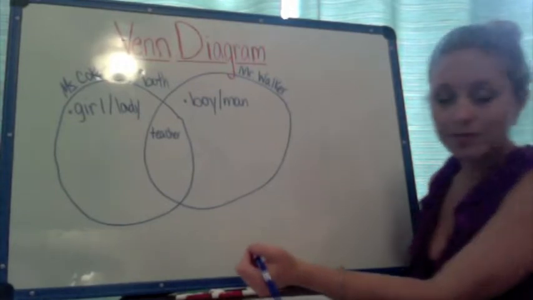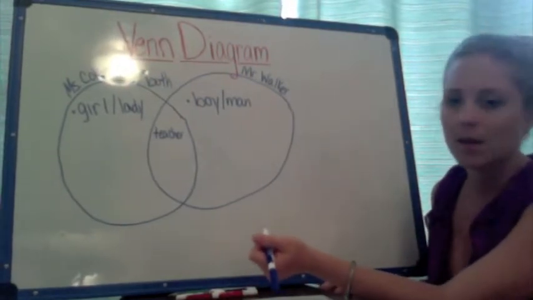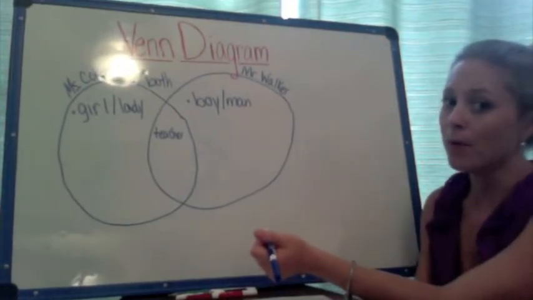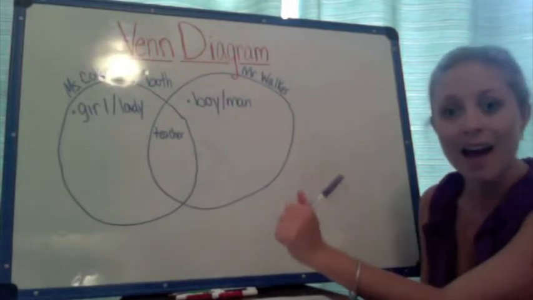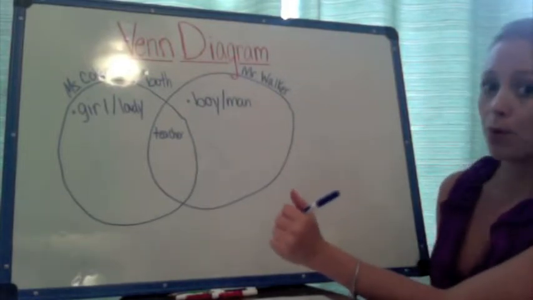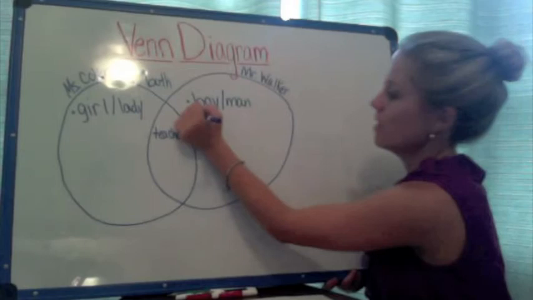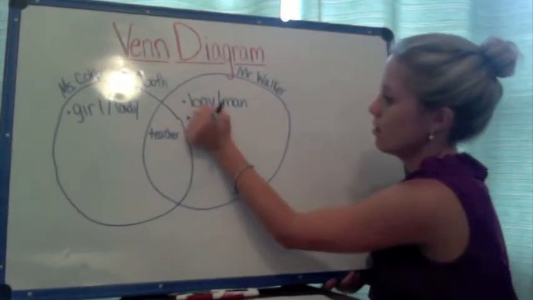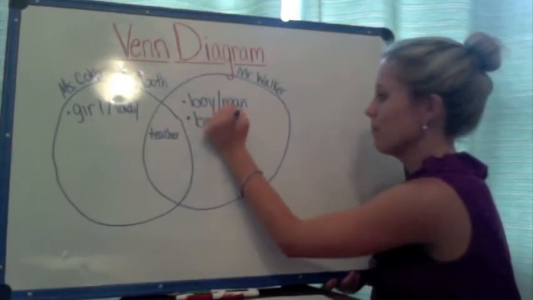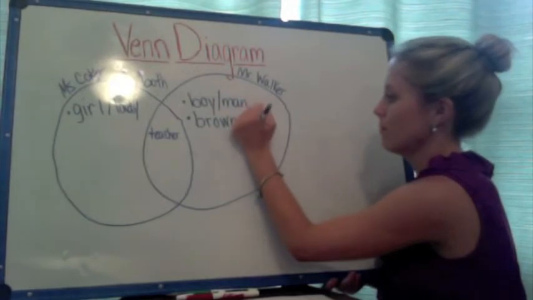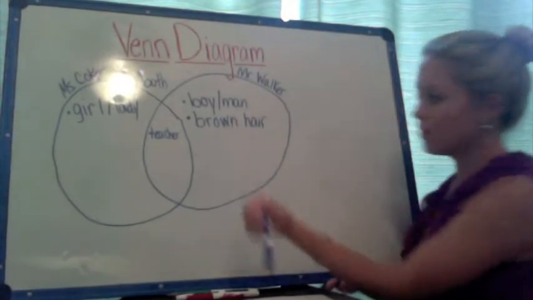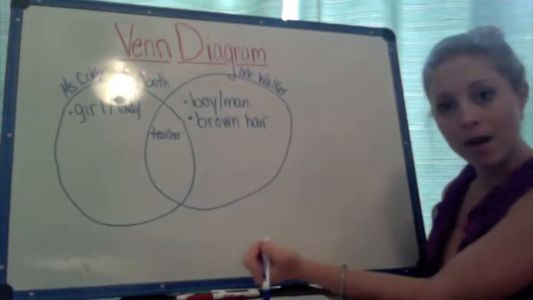What else? What about our hair color? Mr. Walker has brown hair. I have blonde hair. So brown hair would go in his. Blonde hair would go in my circle.